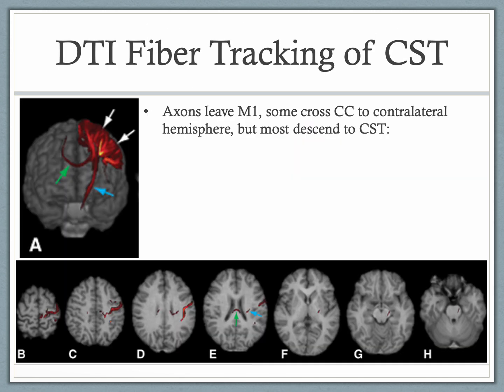So DTI fiber tracking of the CST, the corticospinal tract. Axons leave M1 and some cross the corpus callosum to the contralateral hemisphere, but most descend in the corticospinal tract.